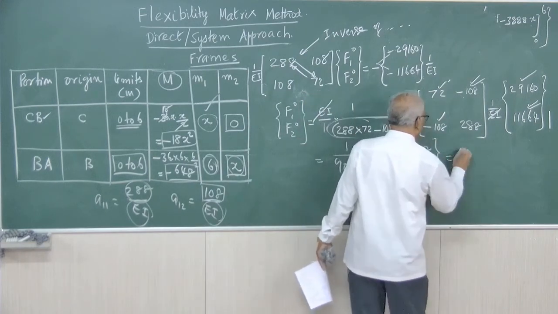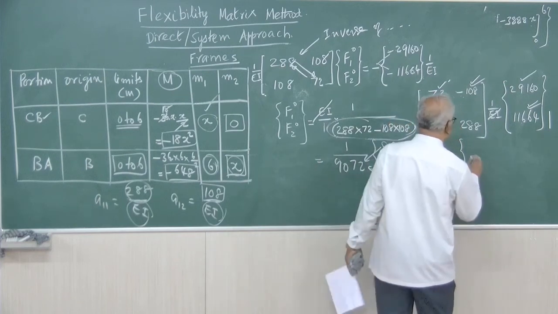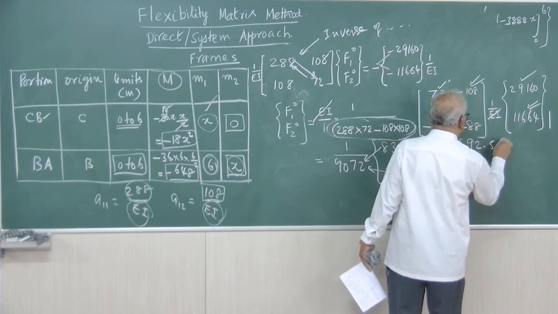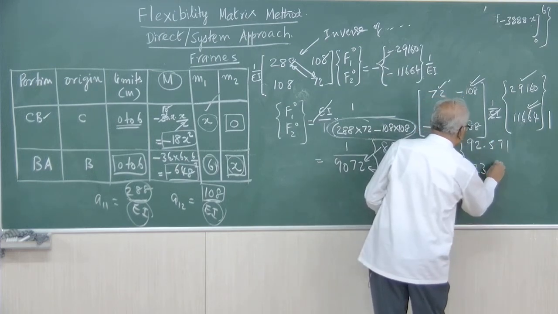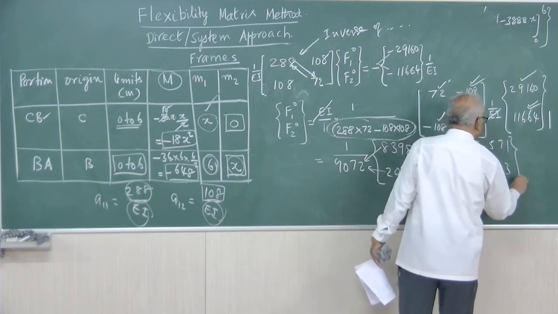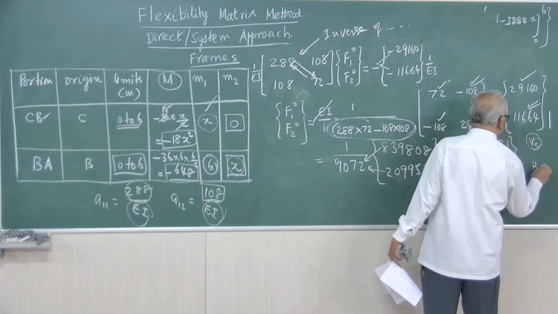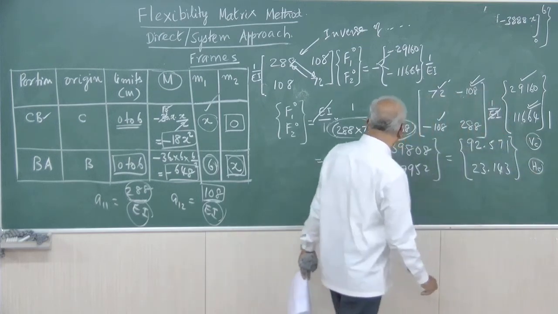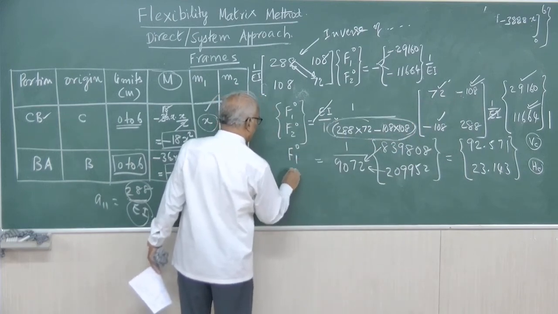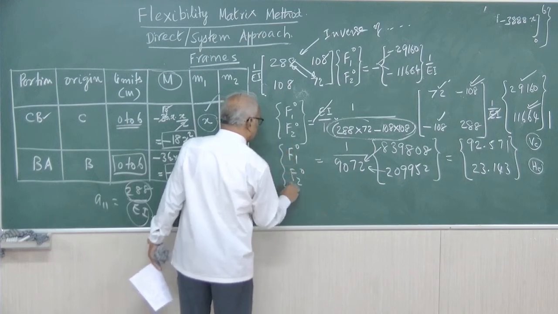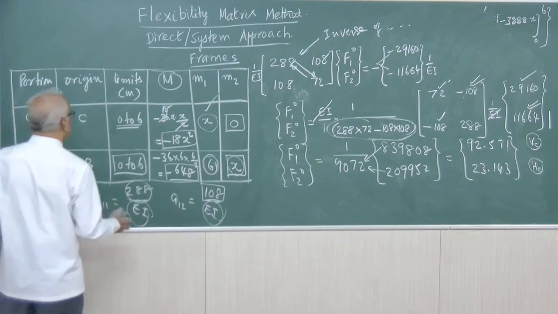So this value will be equal to 92.571 and 23.143. Actually, this is our VC, this is our HC, F1 naught and F2 naught. So F1 naught is our VC, F2 naught is our HC. So these are the values of the redundants.